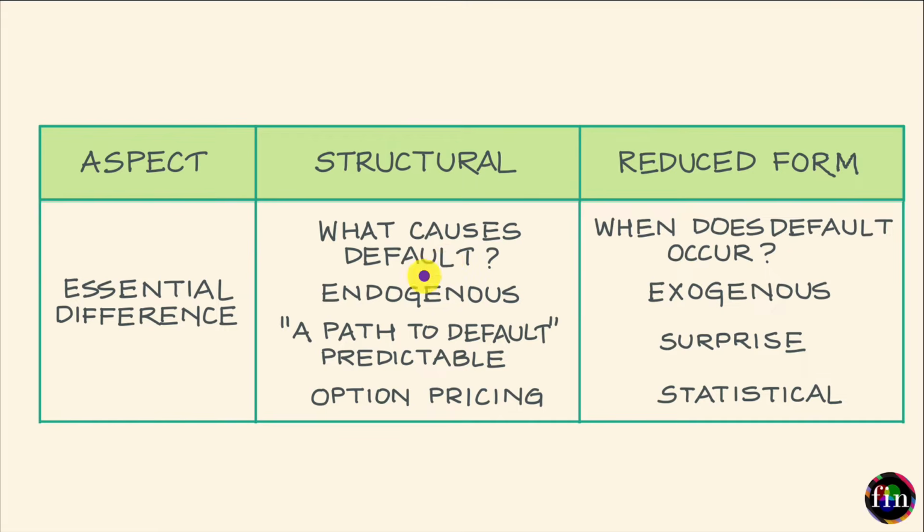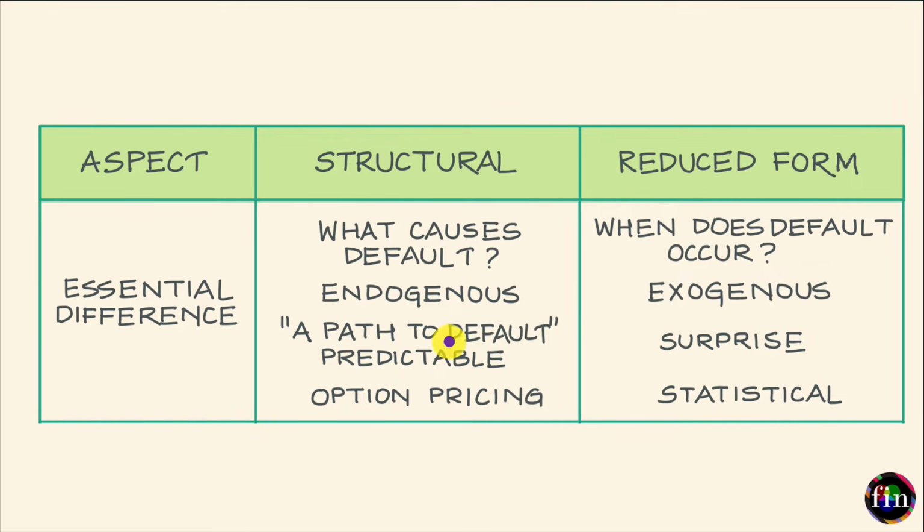Now in a structural model, because it's based on those causal drivers of default, we can chart out, or let's say draw out, something called a path to default. In a structural model, we clearly define the event wherein default happens. In that event, we can figure out what are the possible values which our chosen variables can take.